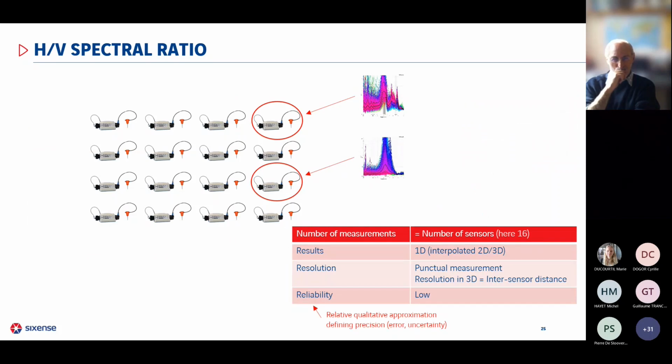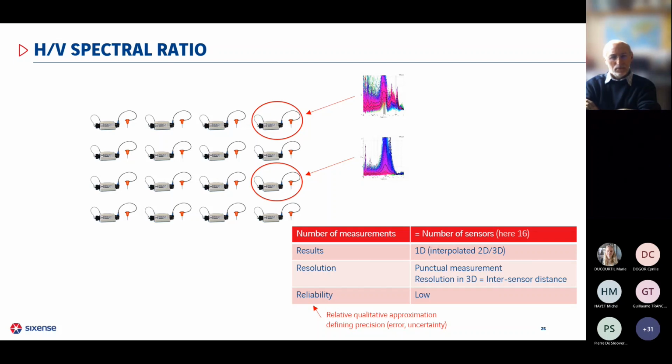If we consider this seismic network with 16 sensors, a very simple seismic network, just for the sake of comparison, the result of the H/V method would be a 1D measurement corresponding to a depth value at each sensor. So here, for example, we could have 16 depth value measurements.